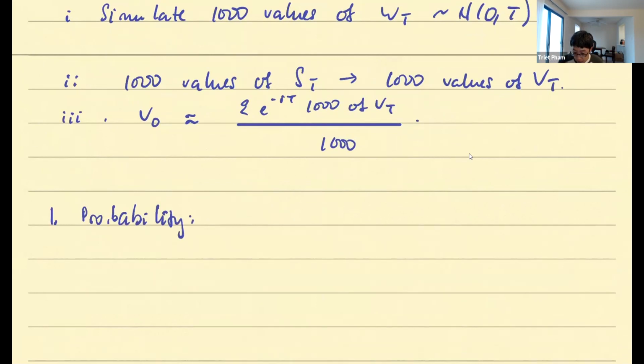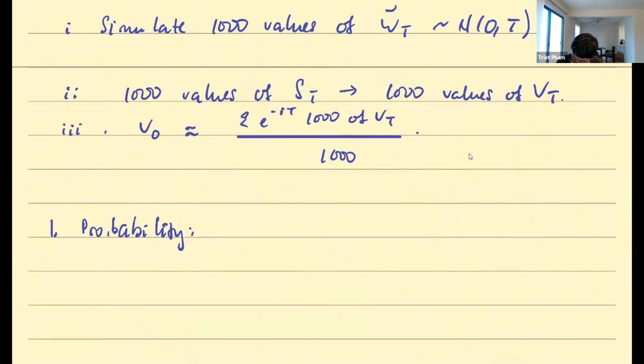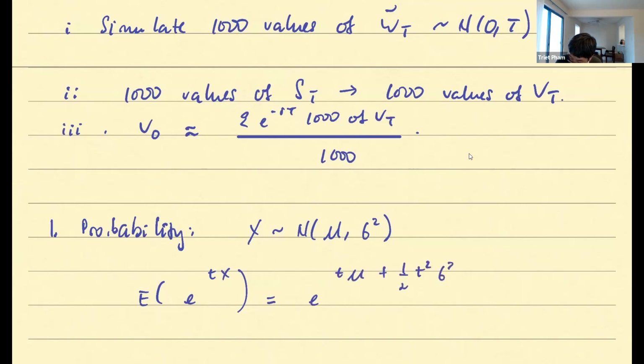Something like this, I hope, is very basic: if we have X to be normal(mu, sigma squared), then the expectation of e to the tX, which is called the moment generating function of a normal, will be e to the t mu plus 1/2 t squared sigma squared.